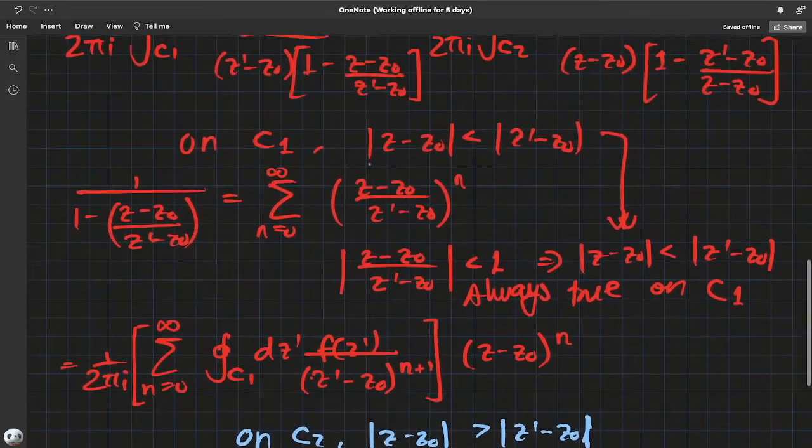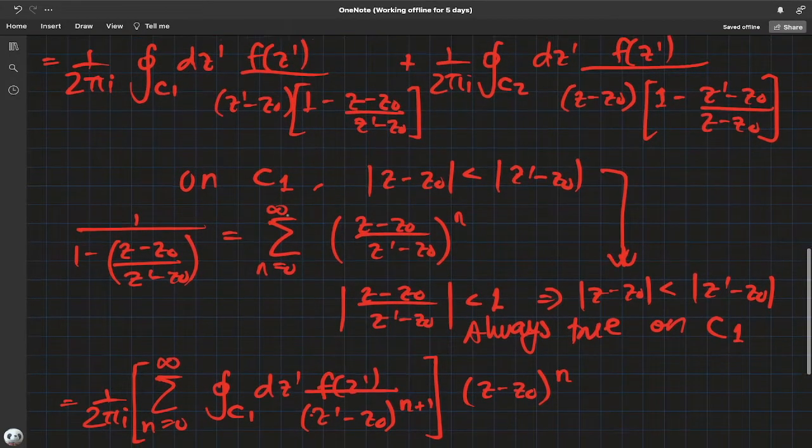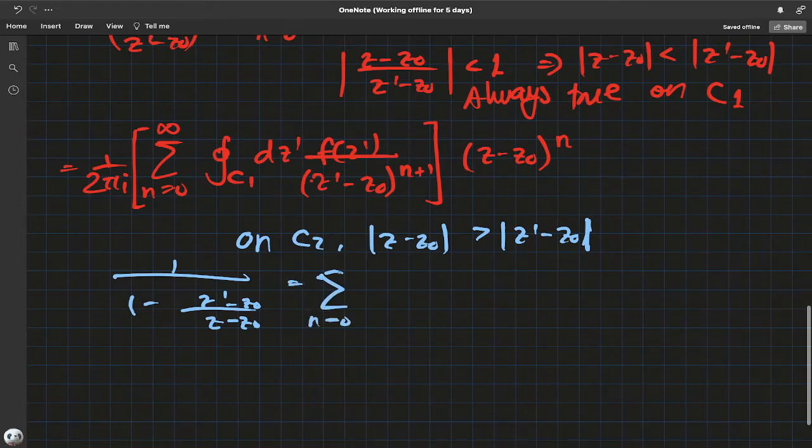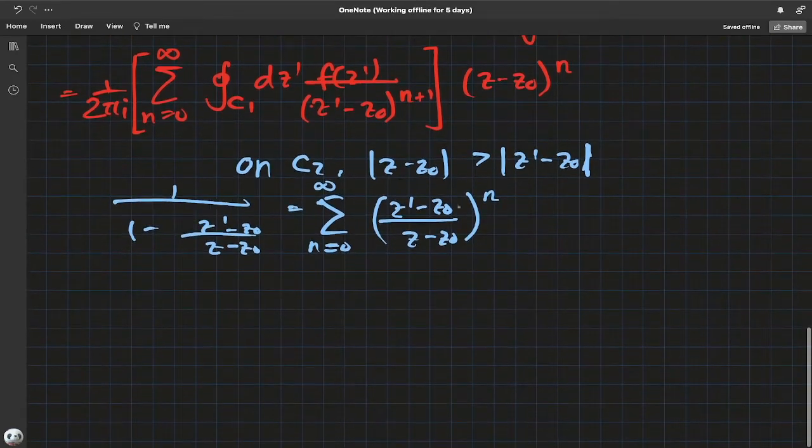And we have this in the denominator, right? We can try to do a similar thing. 1 over 1 minus z prime minus z naught over z minus z naught, I believe is the right expression, is going to give us the sum from n equals 0 to infinity, again an infinite Taylor series, of the common ratio raised to the nth power.